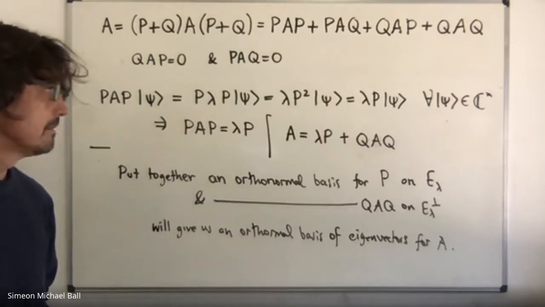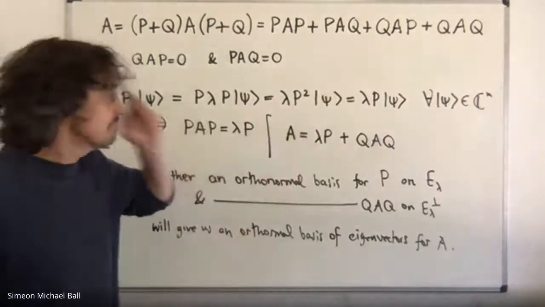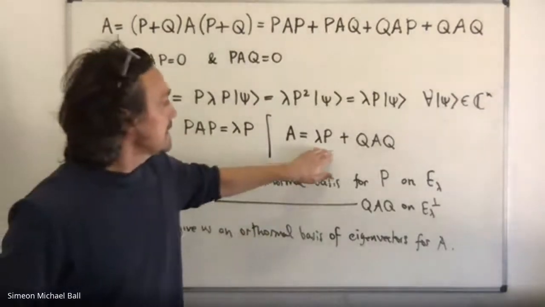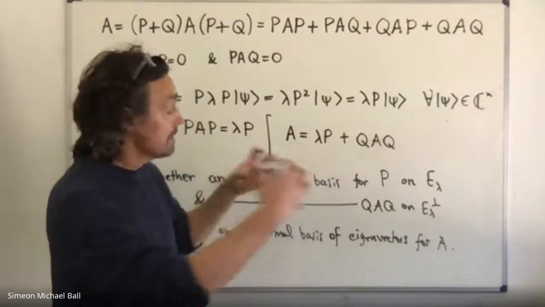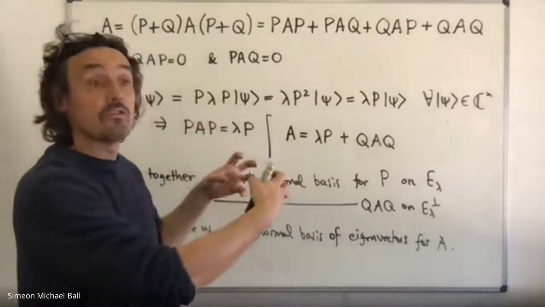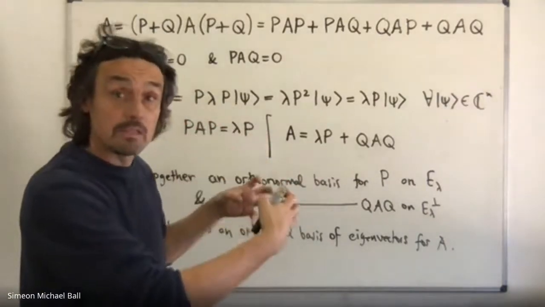So once we get down to here, just to recap, these are now linear operators acting on very different spaces, right? So they're on a decomposition of the vector space into a direct sum.